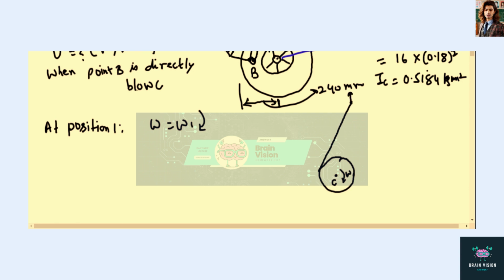VA. This is centroid having the velocity in upward direction. This angle is beta, and this is A point. And this we are considering to be H1.